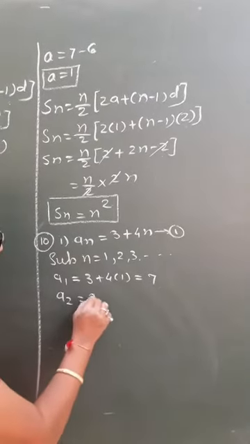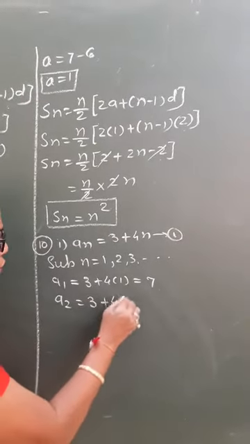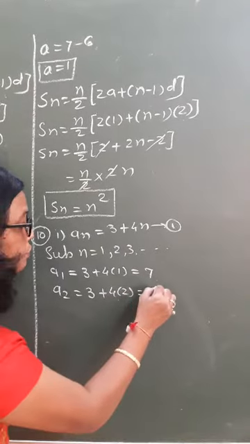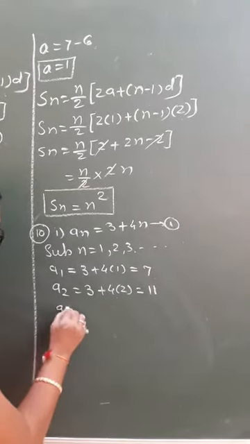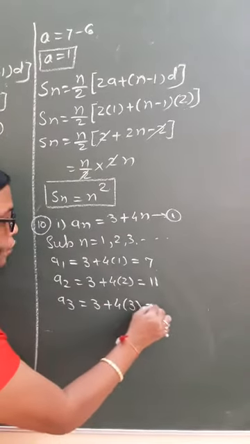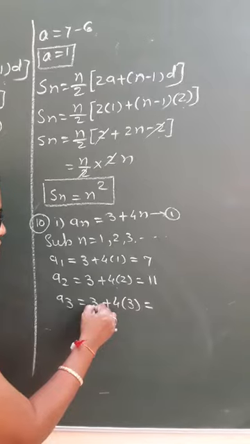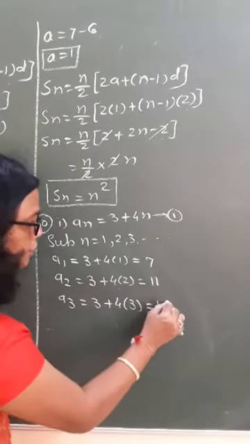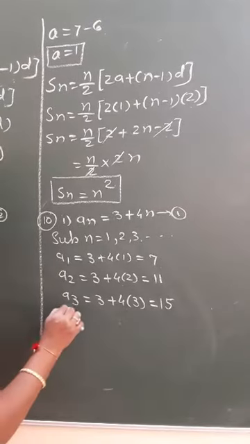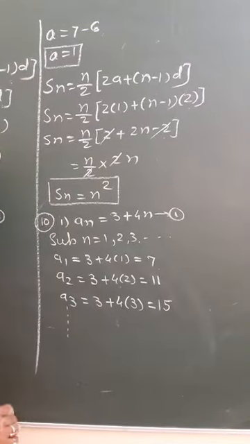A2 we will get as 3 plus 4 into 2. 4 into 2 means 4 2s are 8, 8 plus 3 is 11. A3 is equal to 3 plus 4 into 3, 4 3s are 12, 12 plus 3 is 15. Okay, we got the A1, A2, A3 terms, likewise we will find.